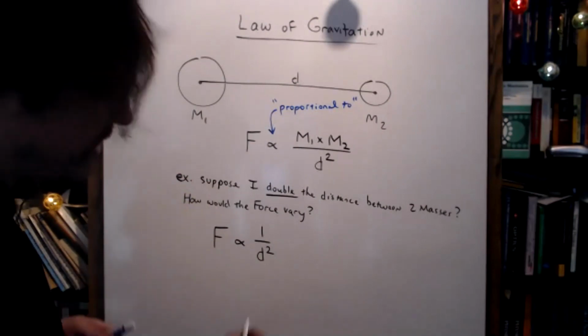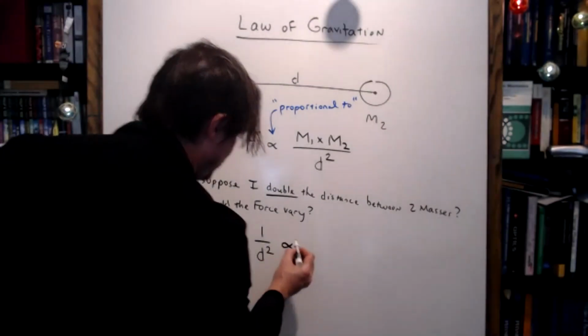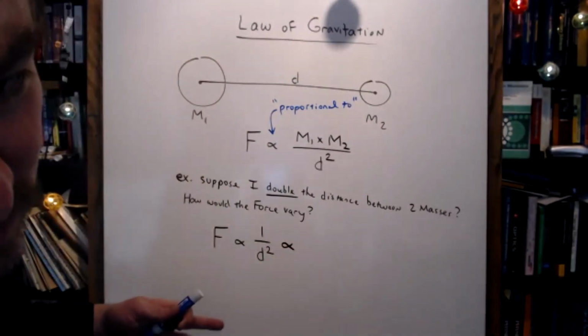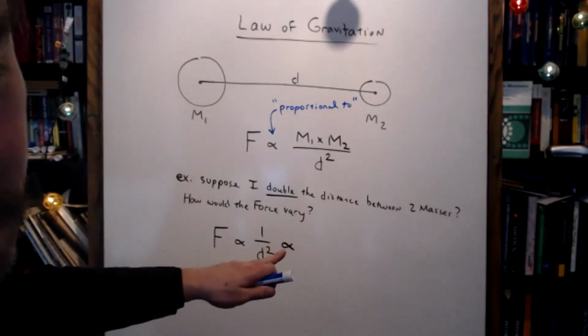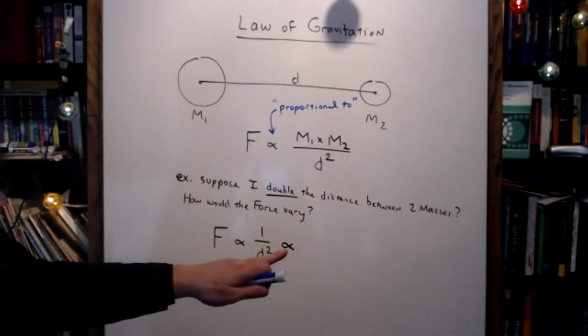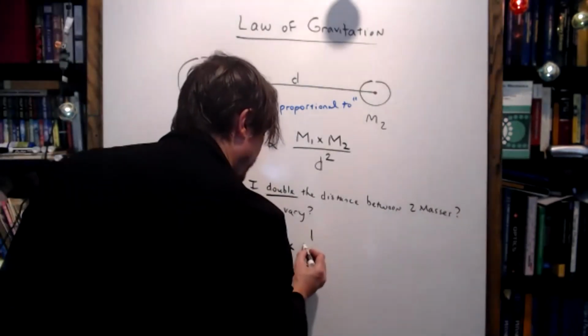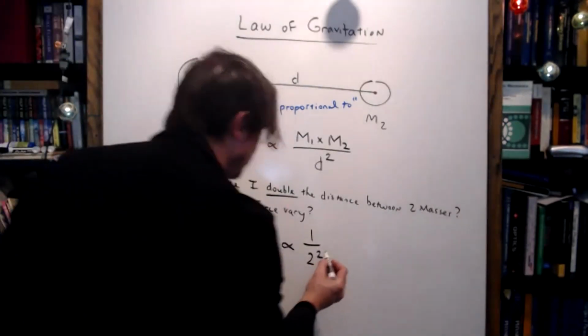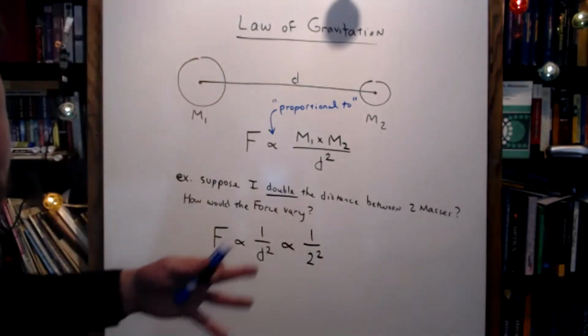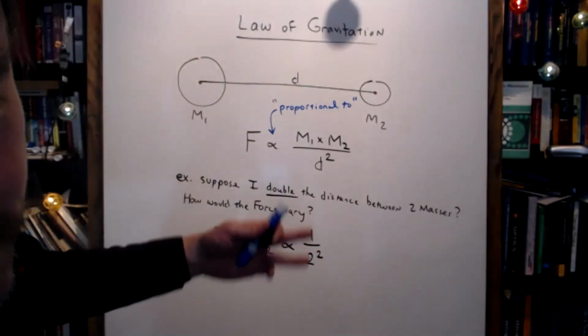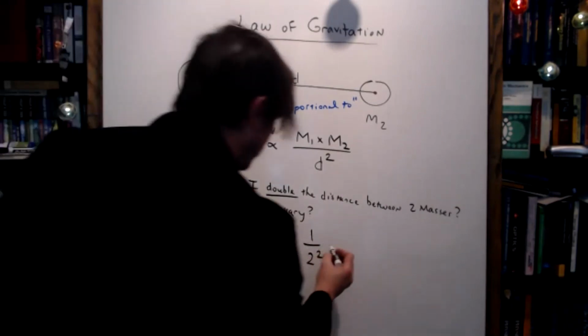And here's how I use that proportionality. If the distance varies by a factor of 2, as long as I'm using the proportional operator, I can just plug in the factor of 2. So 1 over 2 squared. At this point, I can turn it into an equal sign because I just want to evaluate that fraction.